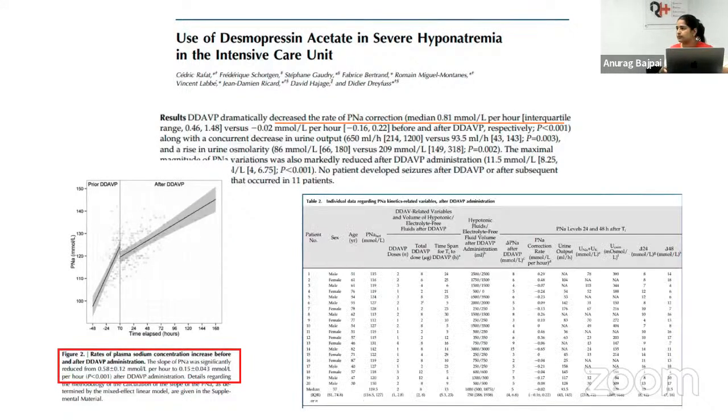As you said, the trajectory going up has become much smoother. So I think the principle is that next time you see anybody whose sodium is below 110 or 105, you have to think of adding desmopressin. I think that's the big message.